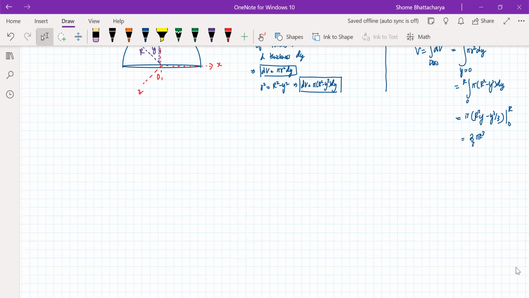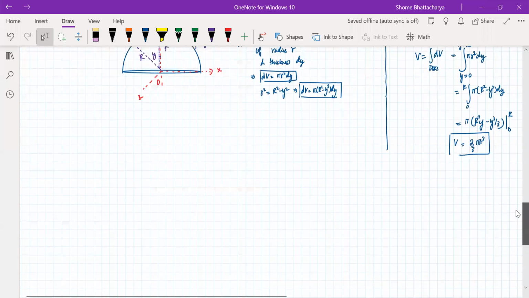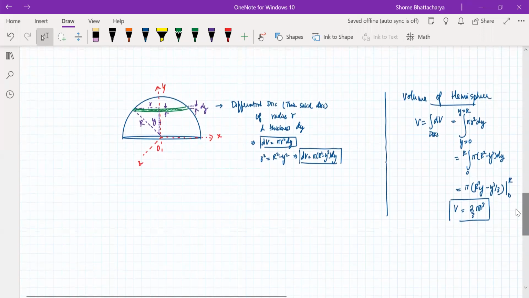And therefore the solid sphere will just become double of this. So the standard formula 4 by 3 pi r cube can also be demonstrated from integration, by either doubling this or changing the limits from minus r to plus r.